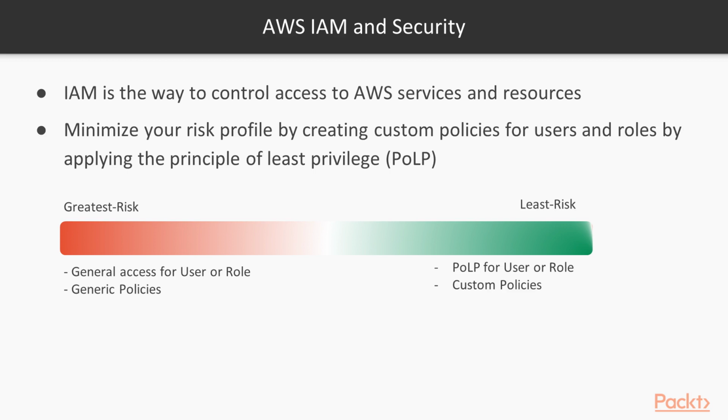On the right-hand side, you have the least risk, where you apply the principle of least privilege to users or roles, but it requires that you build custom policies. Depending upon your needs, it's up to you to decide where you would like to build your policies based upon your risk profile.